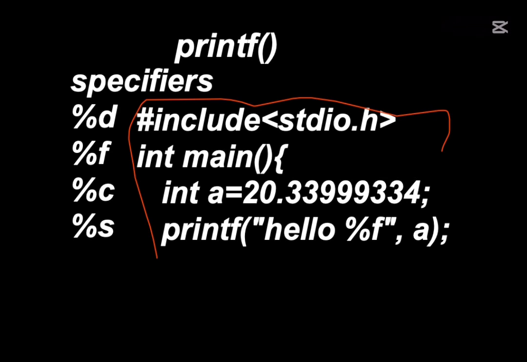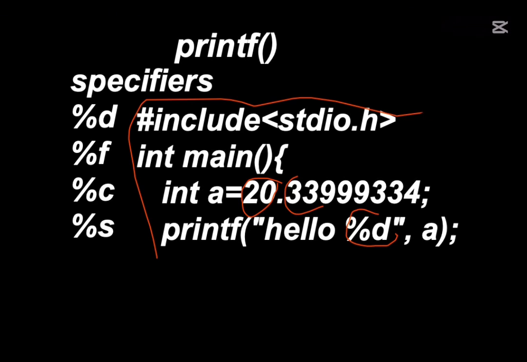So since we have a float here, if I don't change this to float, and let's say instead of float I put the integer specifier, what's going to happen is it's going to print only this, and it's going to ignore the decimal, because this specifier is not for float, it's not for decimal, it's for integer, so it's going to ignore the decimal.